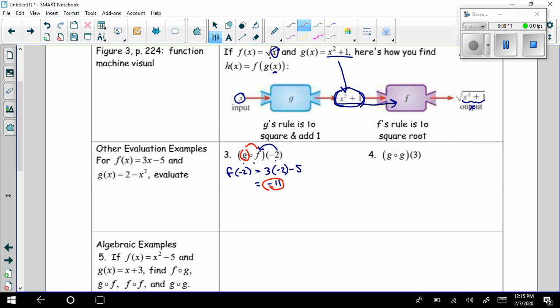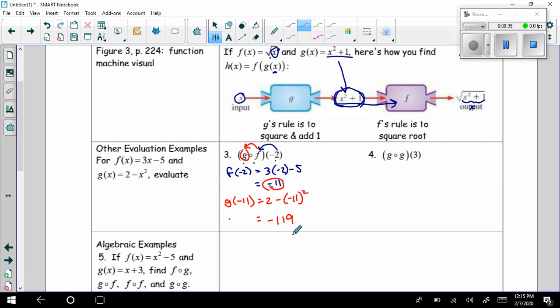So whatever you get here goes into g. So I'm doing g of negative 11, which is 2 minus negative 11 squared, which is 2 minus 121. So it's negative 119. And that's your final answer on that one.